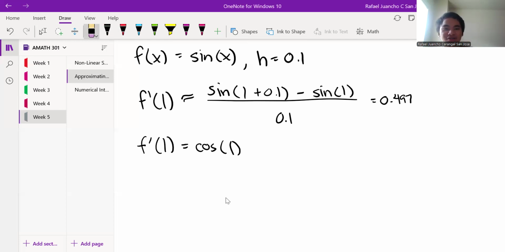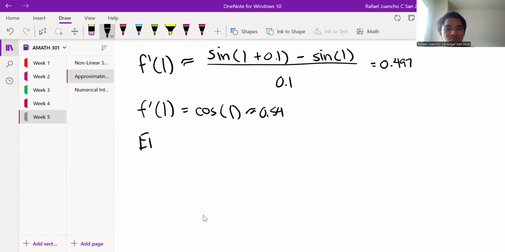I'm not gonna go in depth on it. It's like 0.54-ish. So yeah, we need to get closer and closer h to 0, so that we can get a better value, right? And if we calculate this error, I'm just gonna handwrite this because it's easy.